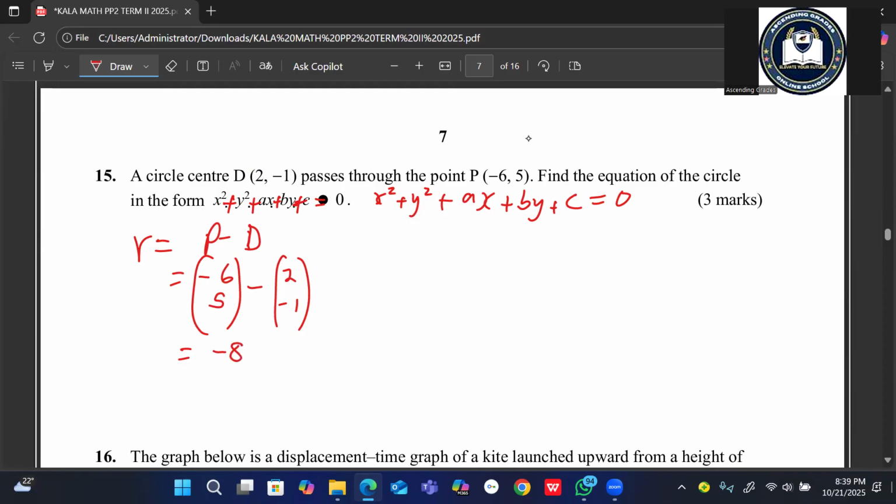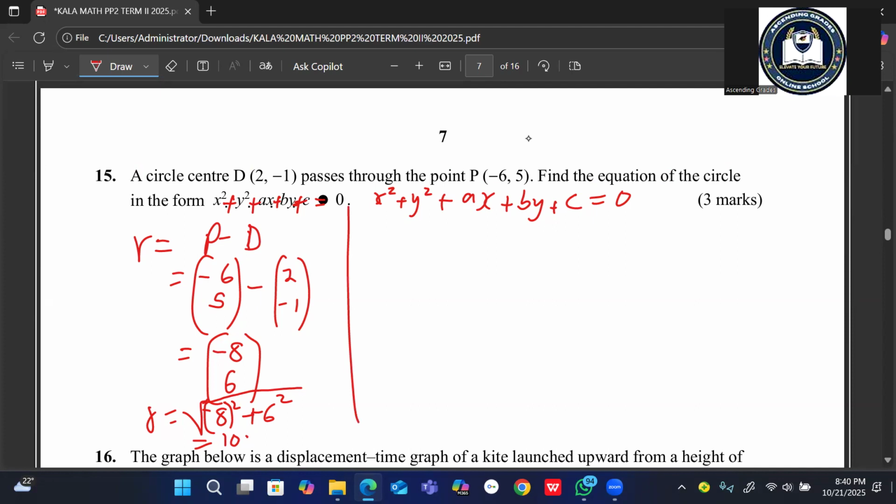Then 5 minus -1 is the same as 5 plus 1, which is 6. So our radius will be equal to the square root of -8 squared plus 6 squared, which gives you 10 square units.